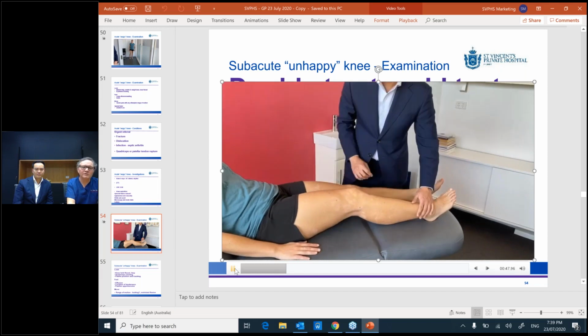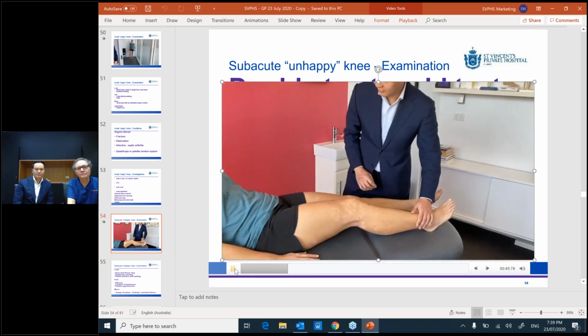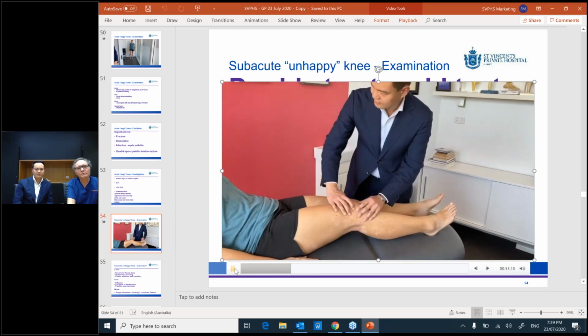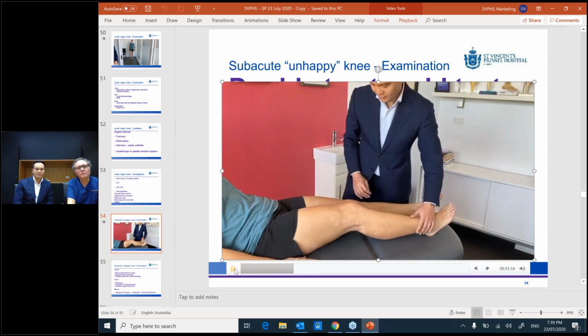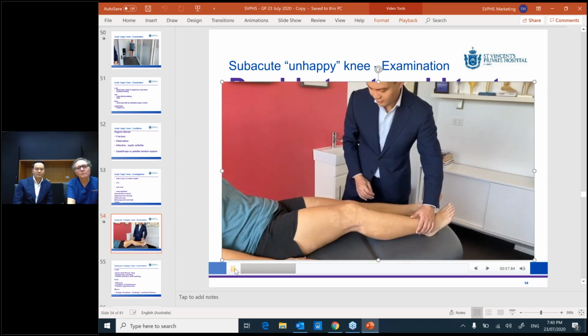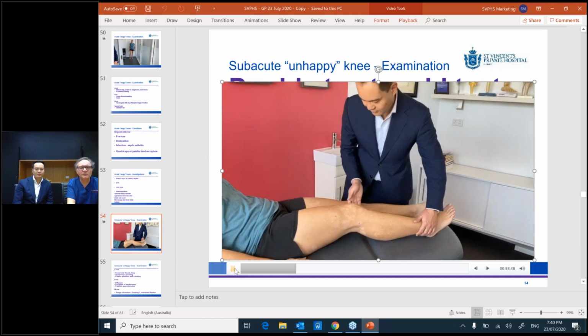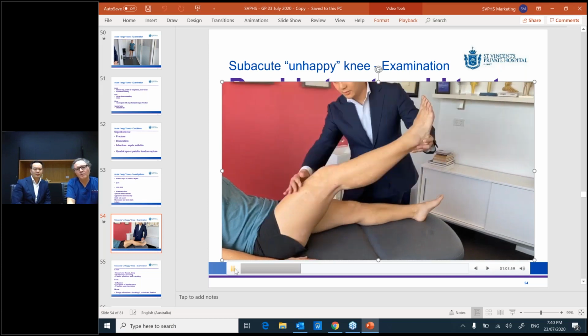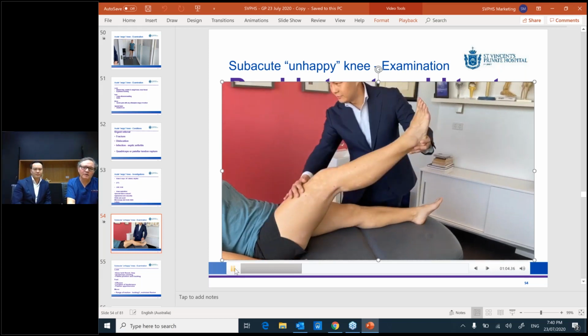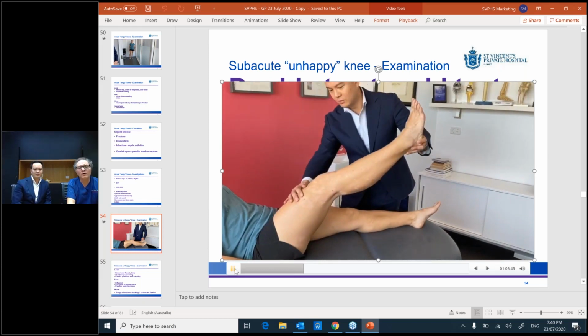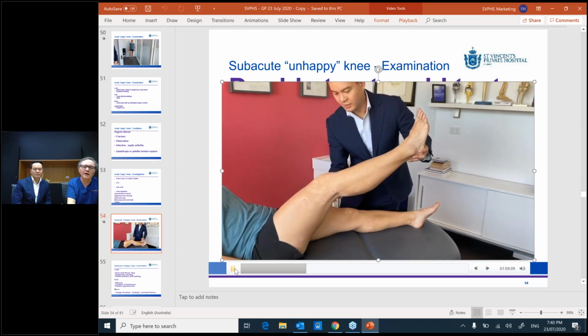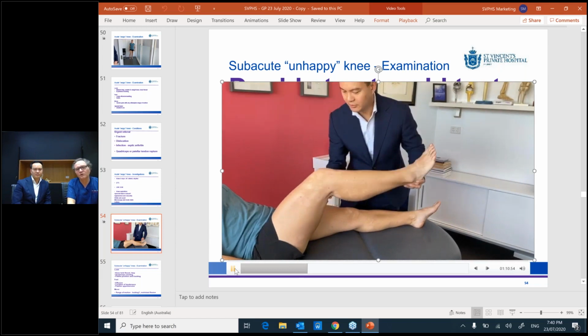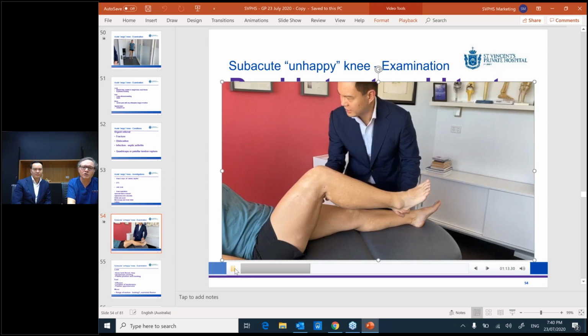Once again, you can see the patient's holding the knee slightly flexed. He's now palpating, and now he's moving on to passive flexion. You can see here the patient's about 10 degrees off full extension, so a bit more amenable movement there, and now passively to 90, so a bit more arc of motion.